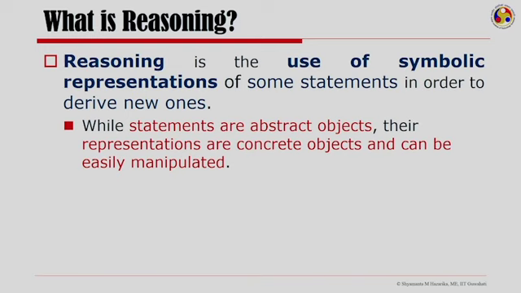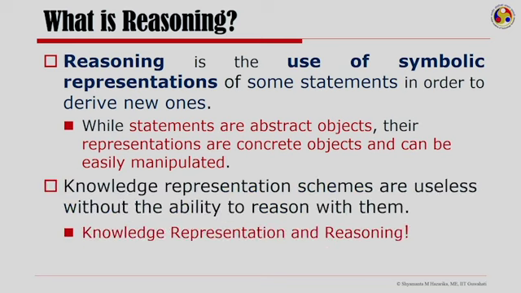Now, having said that representation is about getting to some symbols, reasoning is the use of these symbolic representations of some statements in order to derive new ones from them. One must realize that statements are abstract objects. Their representations are the concrete objects that we have created and we can easily manipulate.